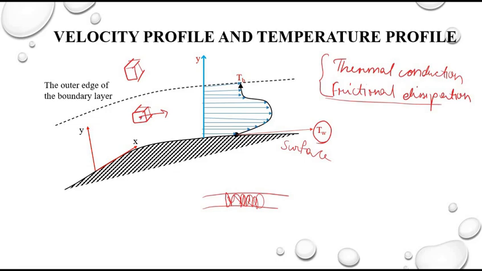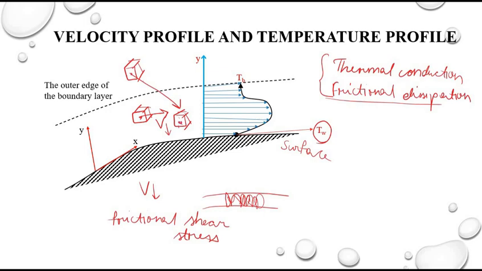The velocity of this fluid element decreases due to frictional shear stress acting on it. Now, I bring this fluid element inside. Let us say that the fluid element which was outside the boundary layer, due to movement and interaction of flow, is coming inside the boundary layer.